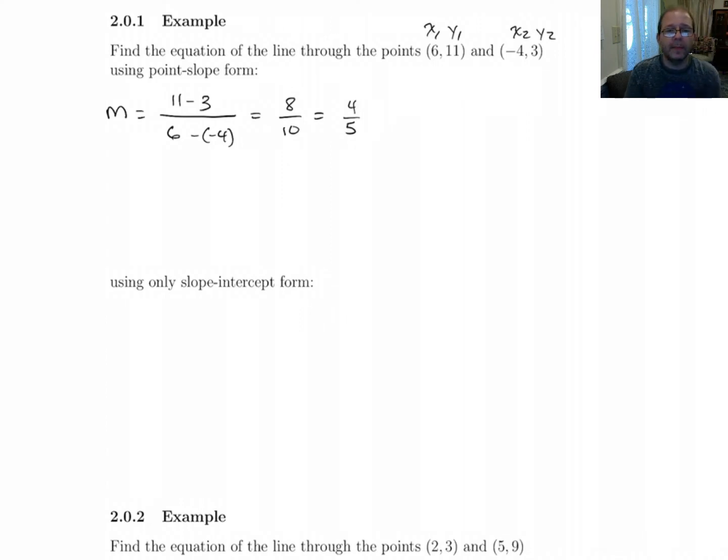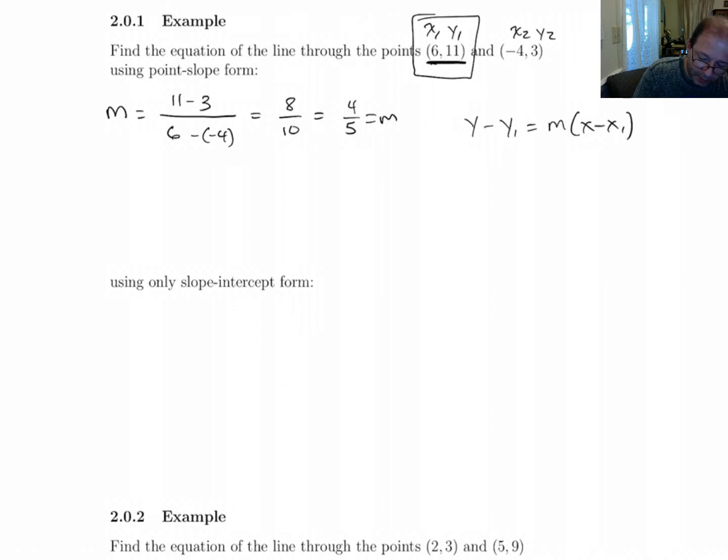So that's my slope. And now I can pick either one of these points. I'm going to pick this one, and I'm going to plug into the point-slope form. So I've got my m, and I've got my point. So I'm going to do y minus y1 equals m times x minus x1.